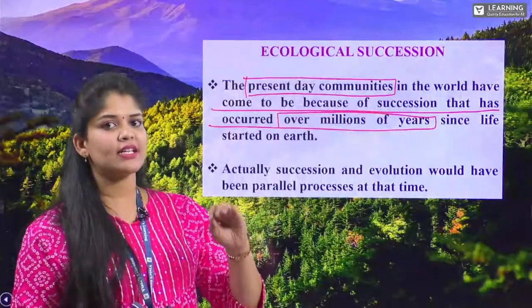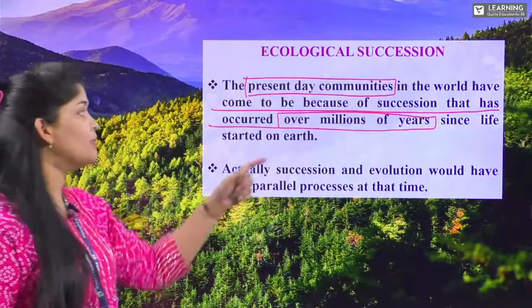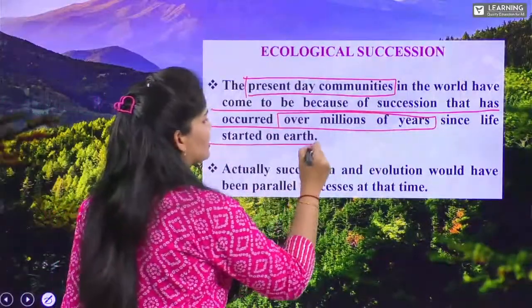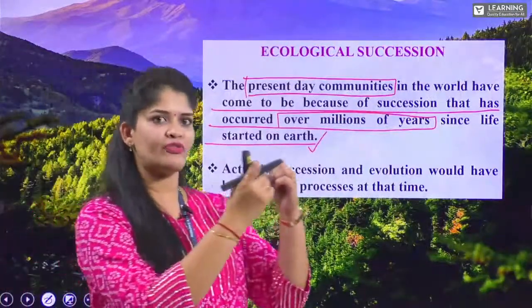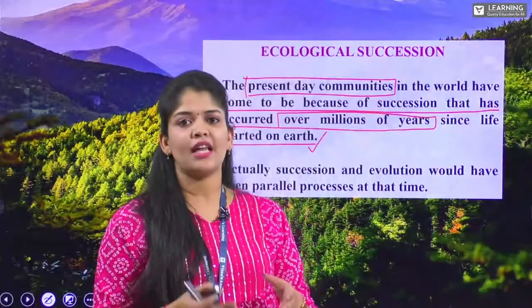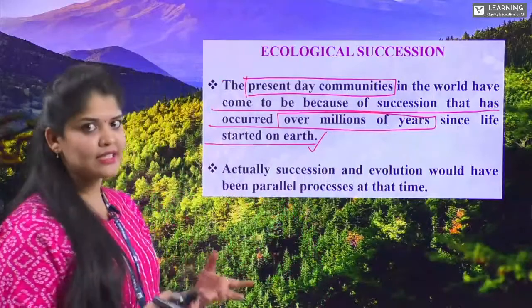All these changes do not happen during a short period. It takes place over millions of years since life started on Earth, and it tries to reach a fairly near equilibrium and the climax community, that is the forest community in the case of plant succession.